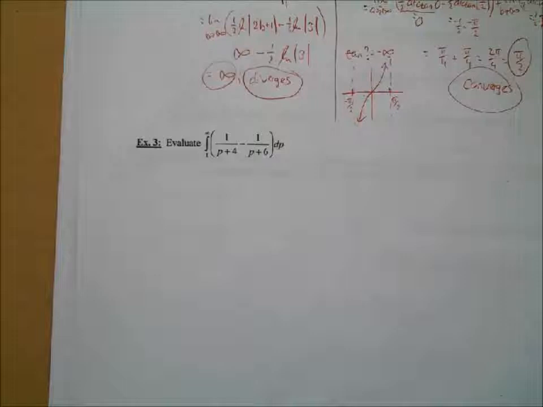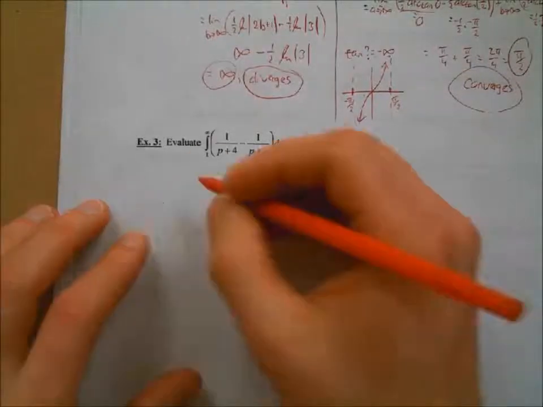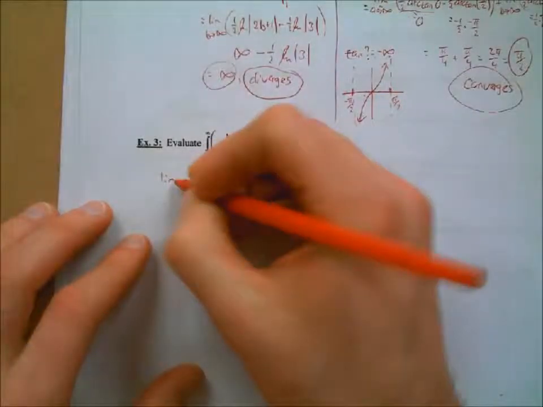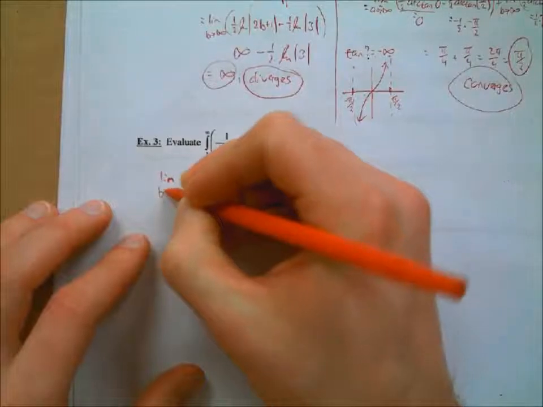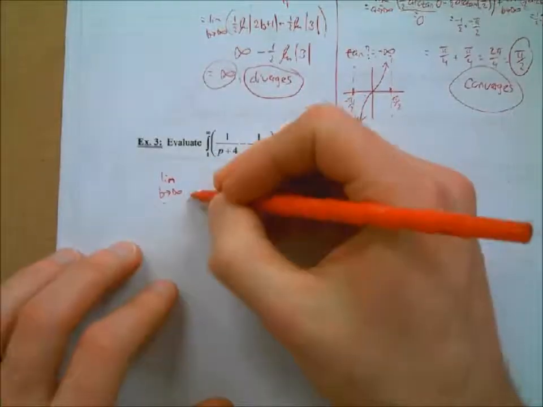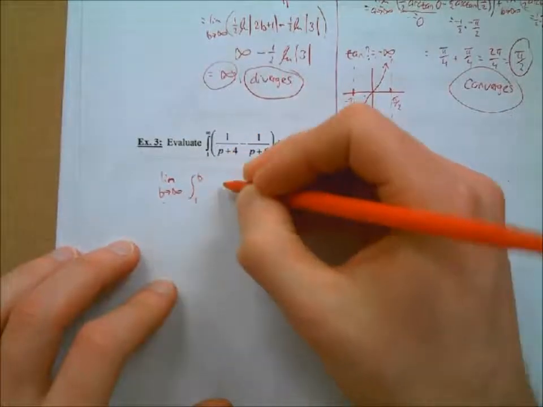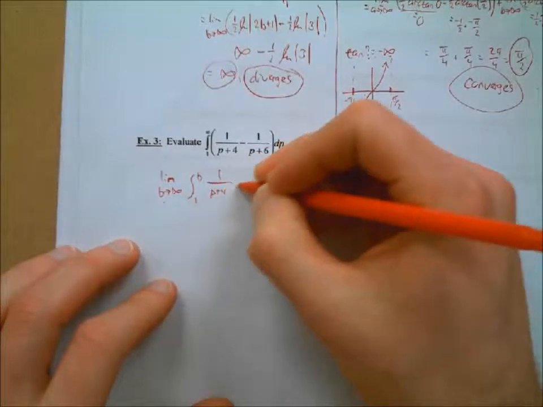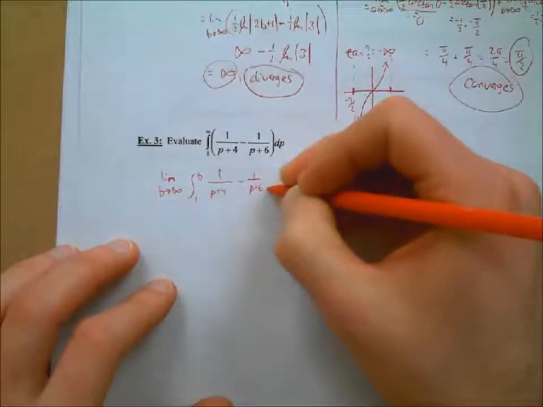So again, we'll set it up here. We're going to take the limit as b approaches positive infinity of the integral from 1 to b of 1 over p plus 4 minus 1 over p plus 6 dp.